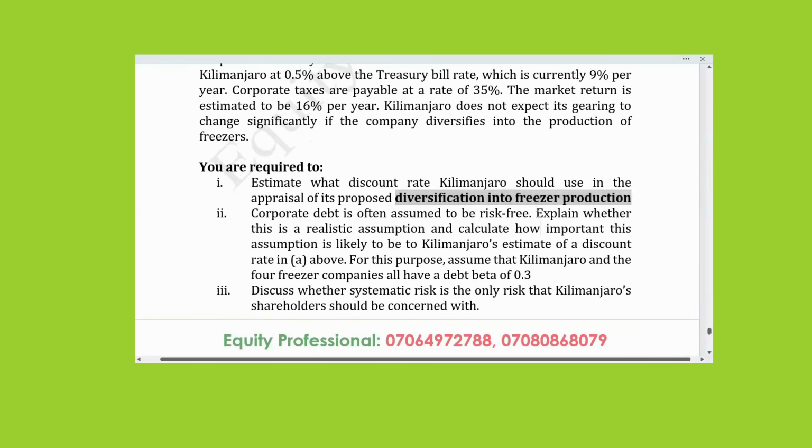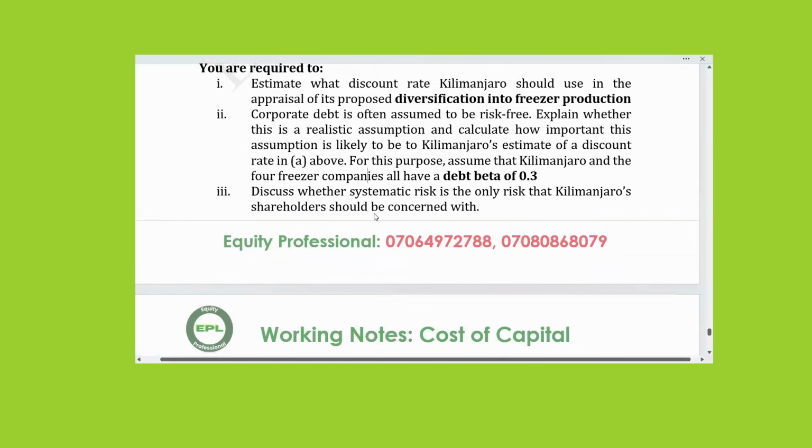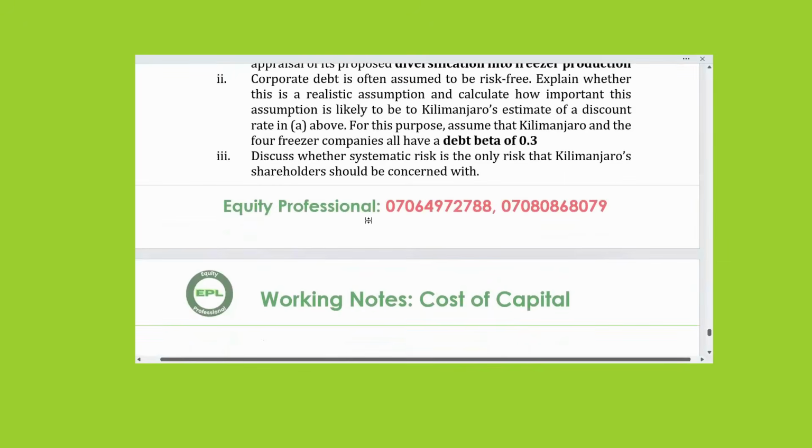Explain whether this is a realistic assumption and calculate how important this assumption is likely to be to Kilimanjaro's estimates of a discount rate in part 1. For this purpose, assume that Kilimanjaro and the 4 freezer companies all have a debt beta of 0.3. 3. Discuss whether systematic risk is the only risk that Kilimanjaro shareholders should be concerned with.